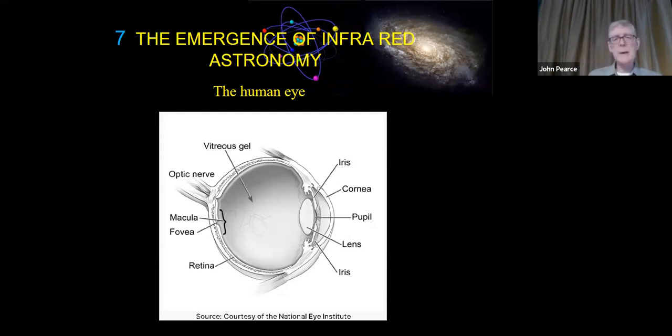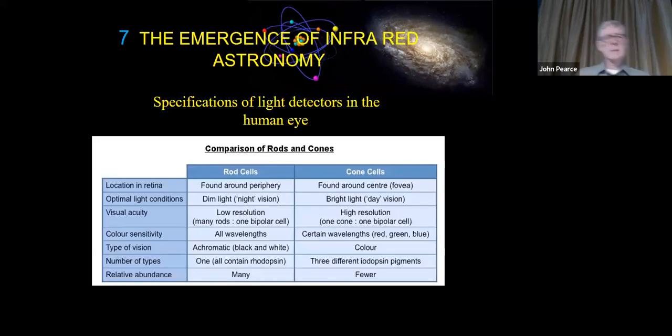And if we look at the cells that make that up, we've got the rod cells around the periphery of the eye, and the cone cells in the macula, or the detailed center of the eye.